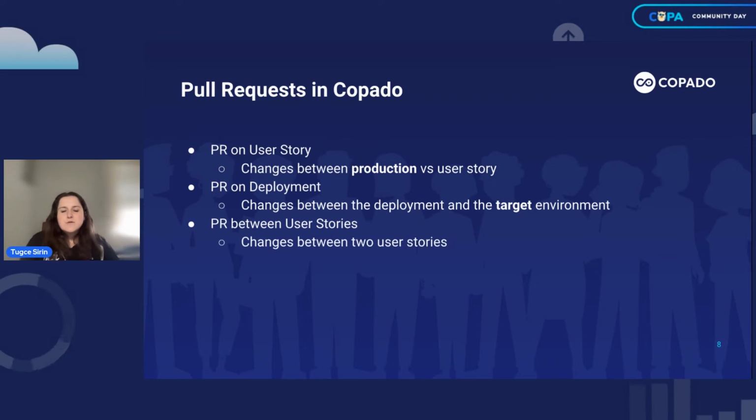The pull requests between user stories are useful when you have conflicted metadata between different stories, and it allows you to check the changes based on the versions of these two user stories. So it allows you to create an environment where you can review and come up with better quality solutions.